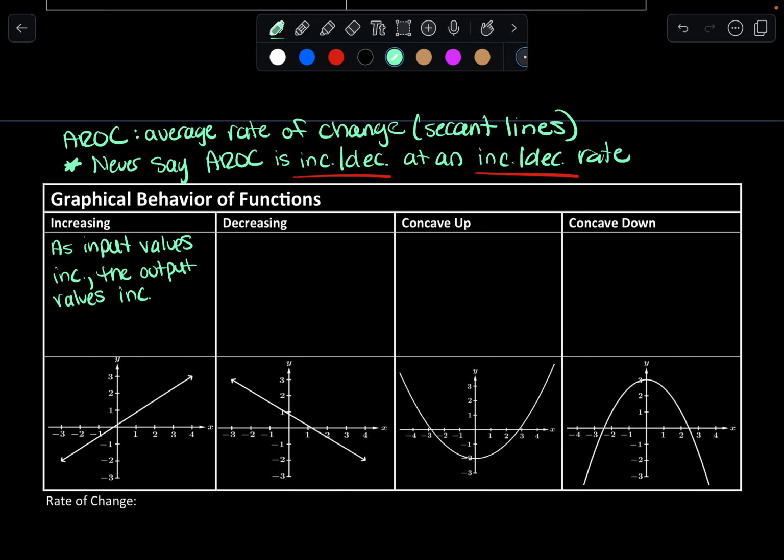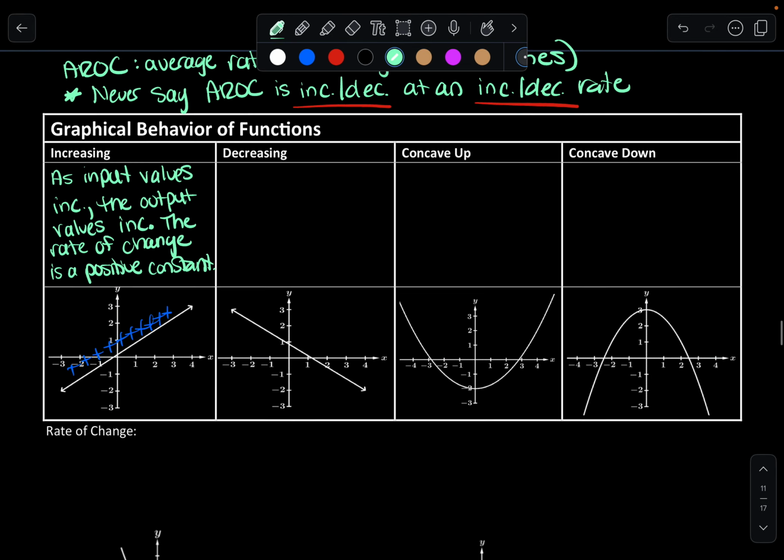So the x values are getting bigger, the y values are getting bigger at the same time. This means the rate of change for this particular function is a positive constant because it's linear. So this one, the slope is always positive. And you can find it too if you just find the average rate of change.